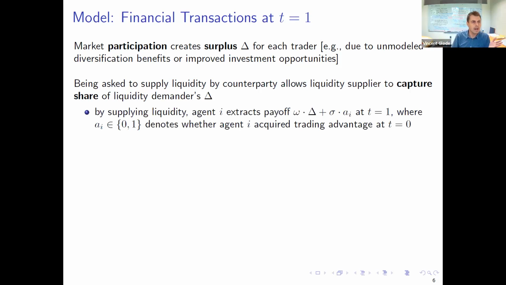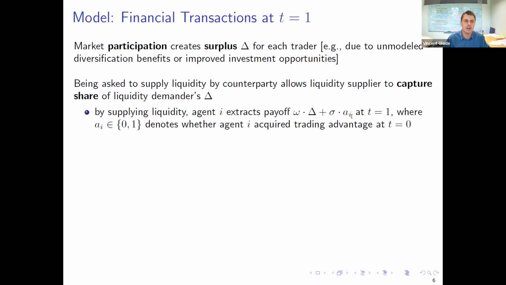So by supplying liquidity, agent I is able to extract a payoff omega times delta. So a share omega of the surplus delta, just from supplying liquidity to responding to a trading need.